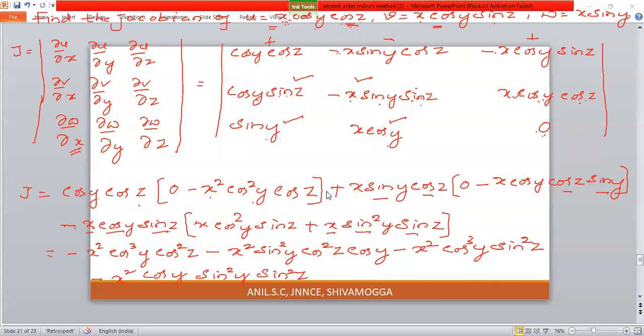Now simplify this. All the brackets are opened. Just go on simplifying.